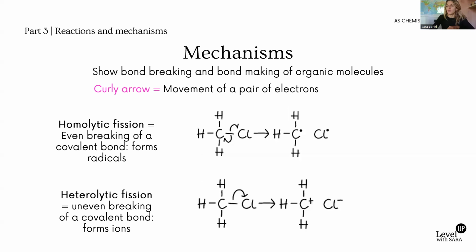This could be the most important part of organic chemistry that you study, and it's mechanisms. So mechanisms, of course, show bond breaking and bond making of organic molecules, okay? It's all shown through these curly arrows, which show the movement of a pair of electrons. You must fully understand and visualize the pair of electrons moving as you do the mechanisms.